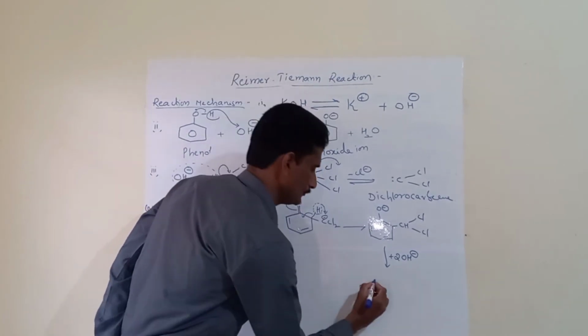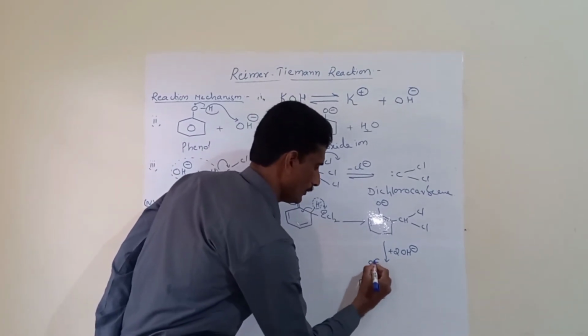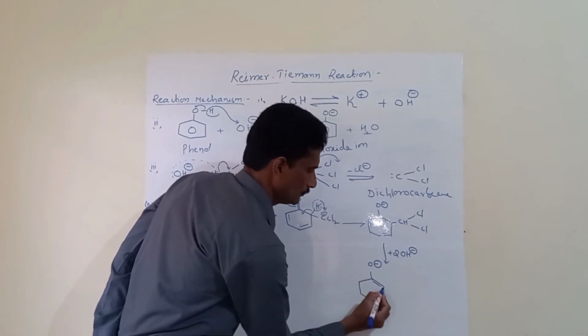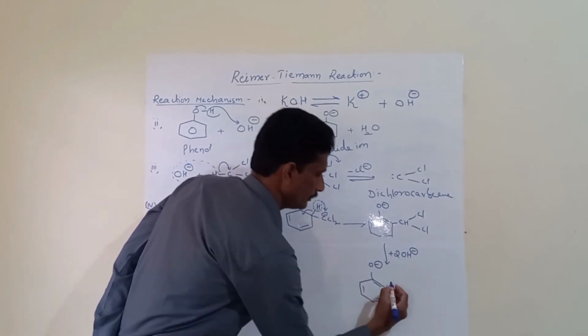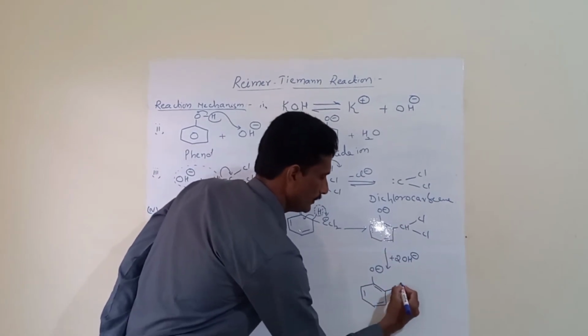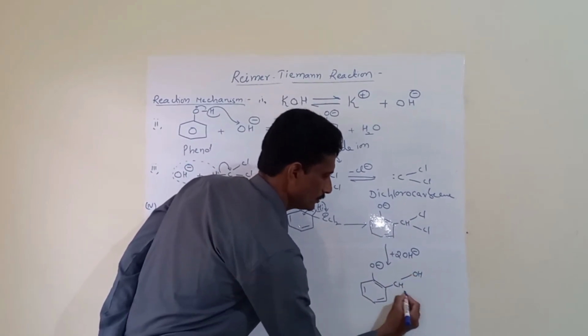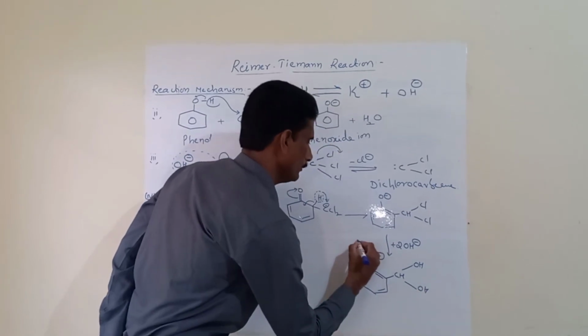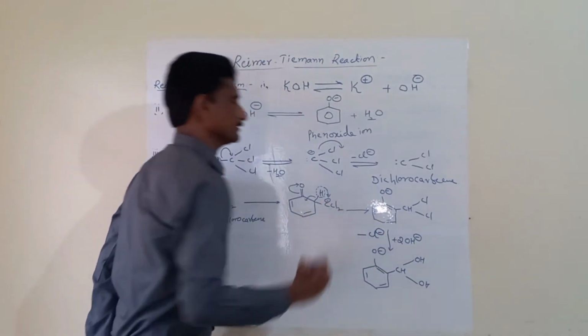O minus with pi bonds, but Cl is replaced with OH, and here OH minus, Cl minus.